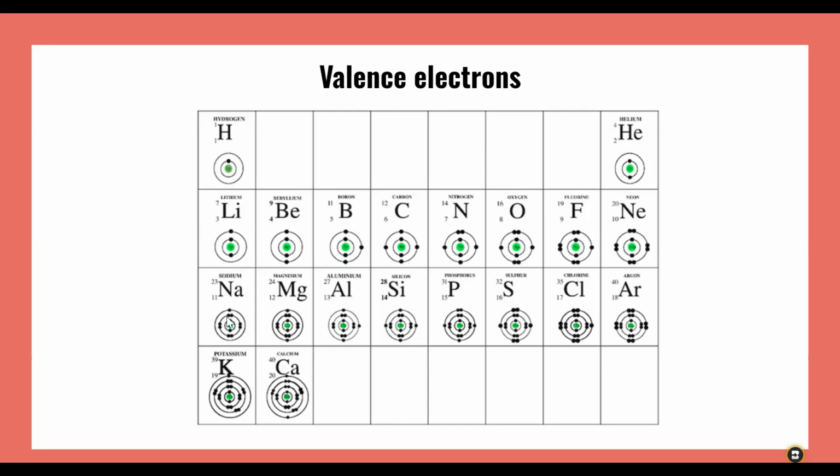So these groups have similar properties because they have the same number of valence electrons. And we can also see that the valence electron count is increasing from left to right. This is 1, this is 2. This is 1, 2, 3, 4, 5, 6, 7, 8. You see that? It's increasing as you go from left to right.